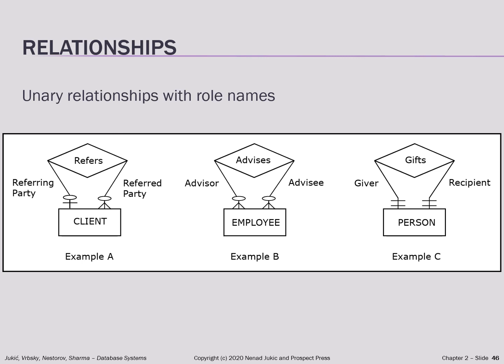Each employee as an advisee is advised by between 0 and many employees who are advisors. And example C, the Secret Santa example. Each person as a giver gifts a gift to exactly one person who is a recipient. Each person as a recipient is gifted by exactly one person who is a giver.